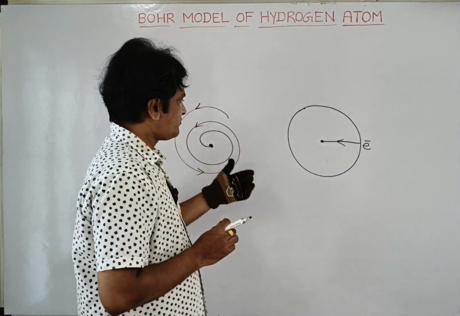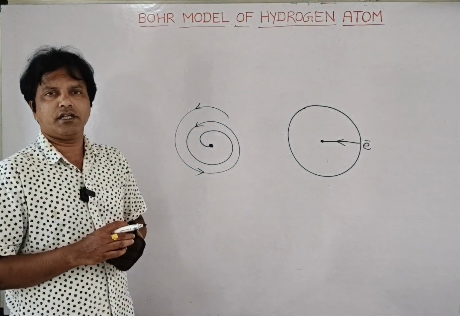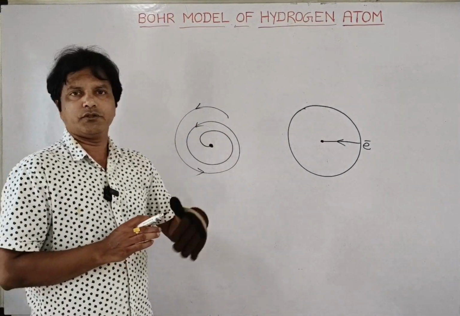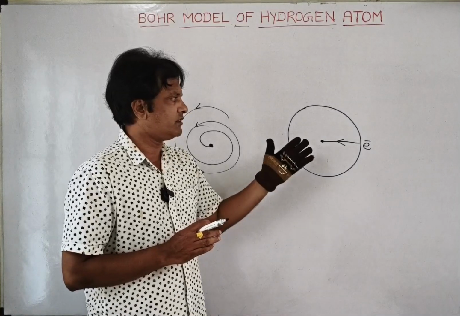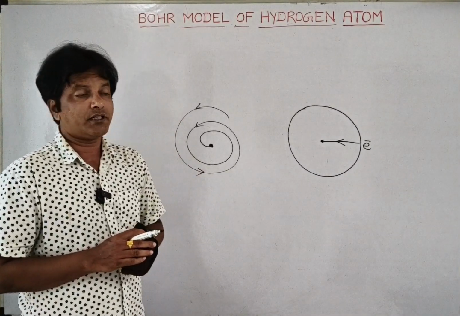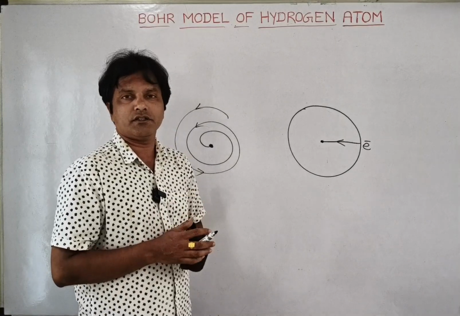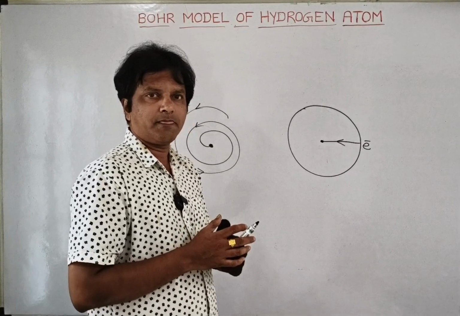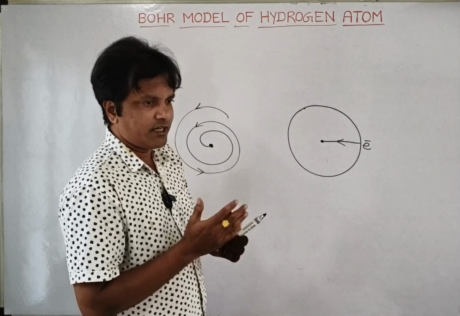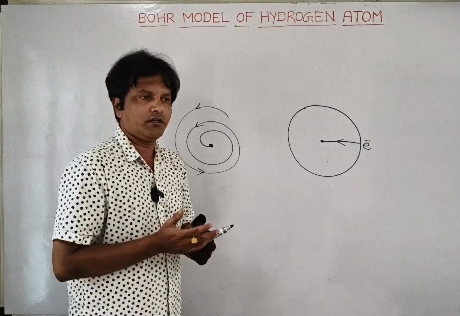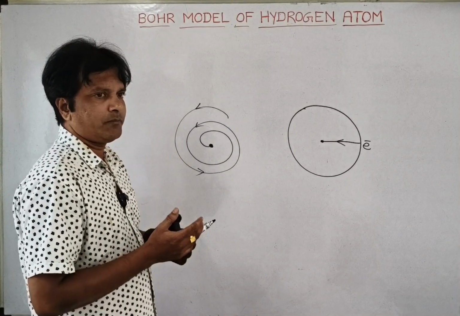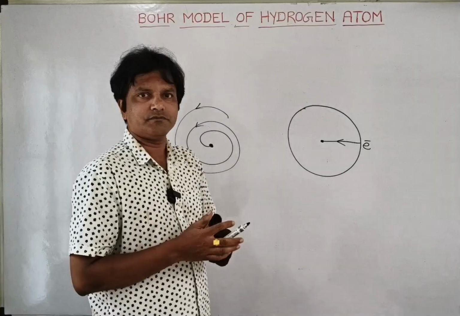So here the emission of radiation is continuous as per electromagnetic wave theory, but the actual observed spectrum of an atom is not continuous, it is a line spectrum. So in this scenario also, the Rutherford model could not explain the proper justification for line spectrum.